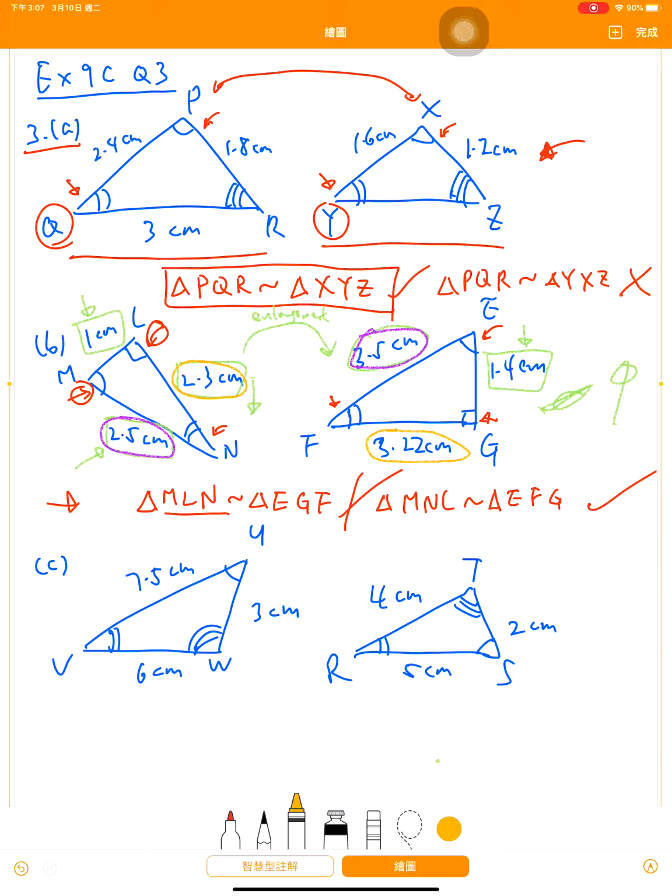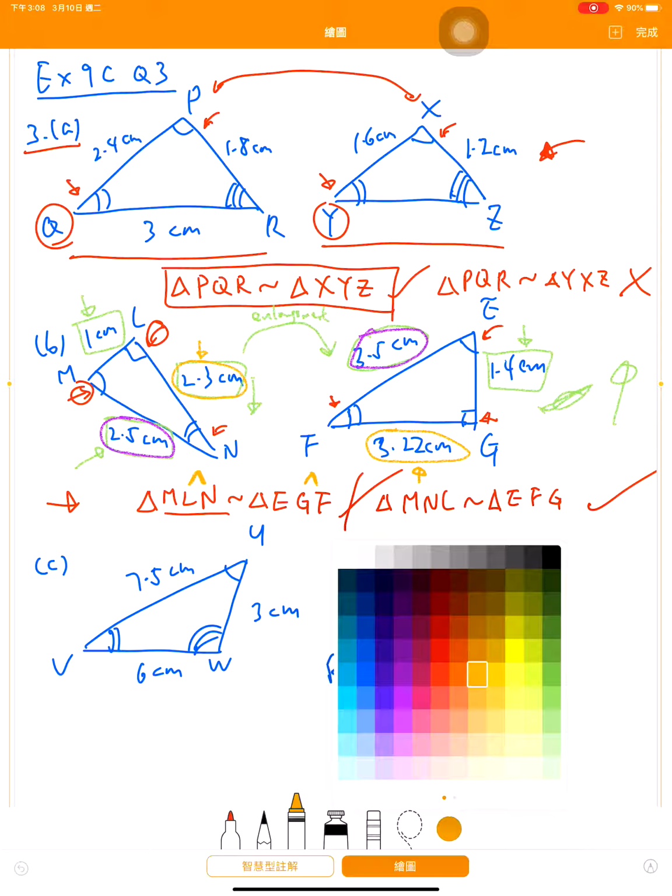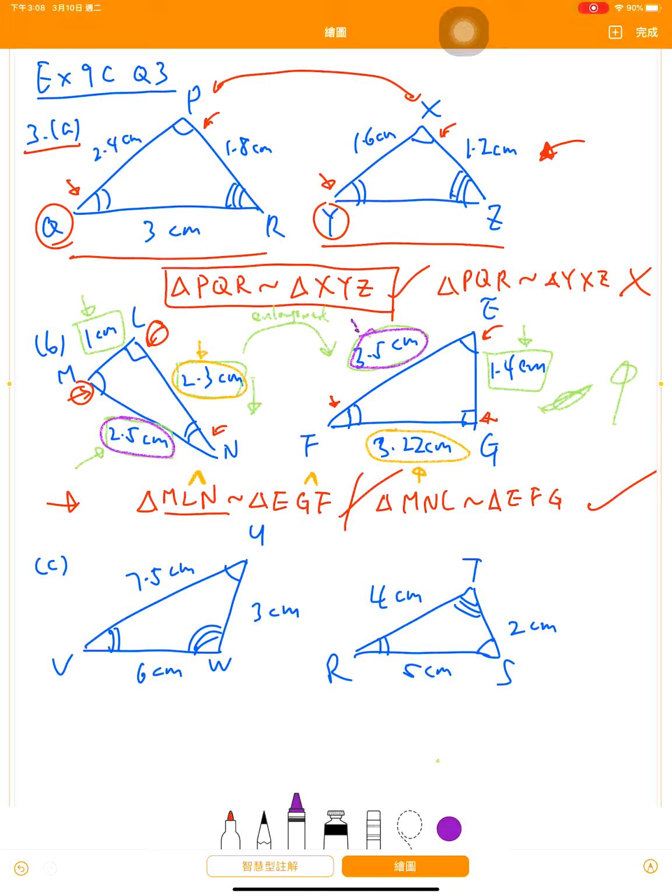So you can see this one, the middle one, is LN, that is this way, LN. And then it corresponds to this one, FG, that is this one, right? Right. So for the purple one, that is the longer side. This one is MN, that is this one, MN.